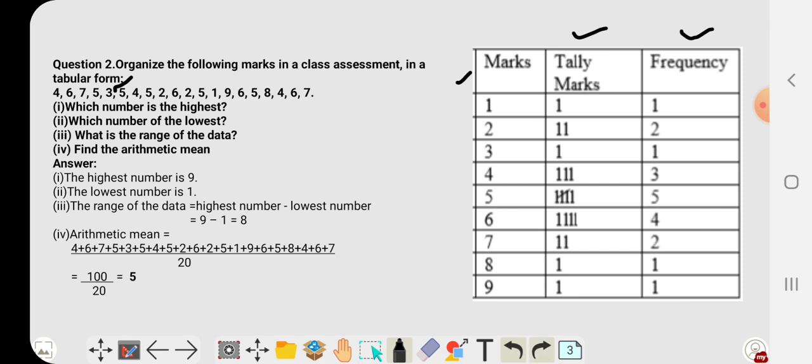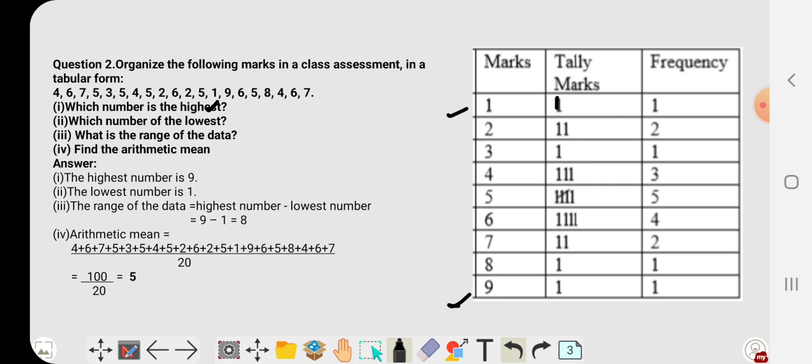Okay, so you can observe the numbers are from 1 to 9. How many times is 1 occurring? 1 is here only one time, so we will mark only 1. Here it is written like 1, but you can just make a line.